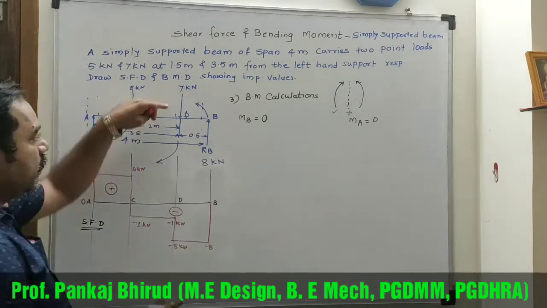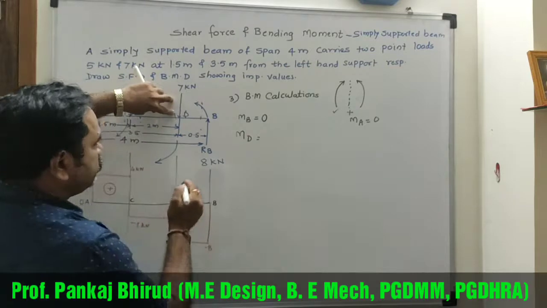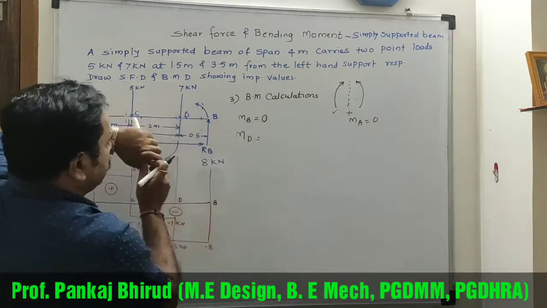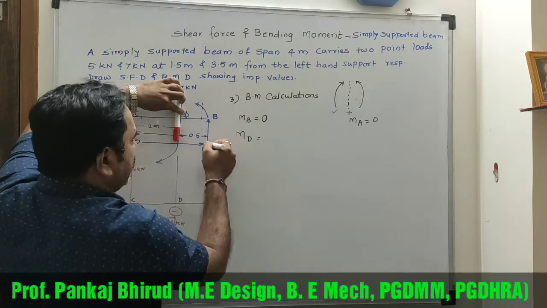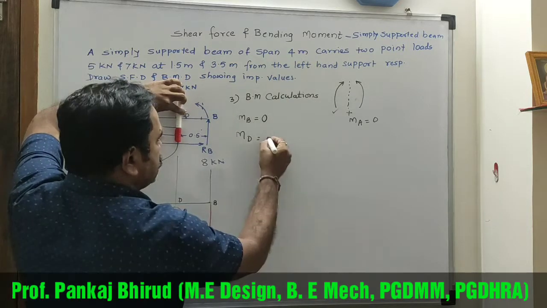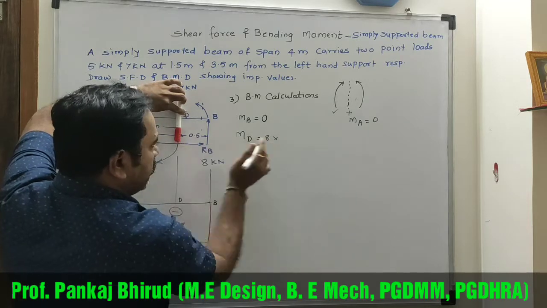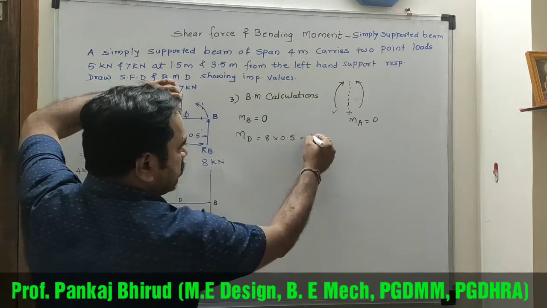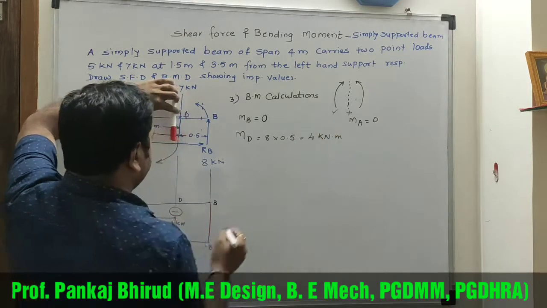Now moment at point D, take only the right side. So at D point, this RB acts in an anti-clockwise direction. So 8 into perpendicular distance, that is 0.5. So moment is 4 kilonewton meter.